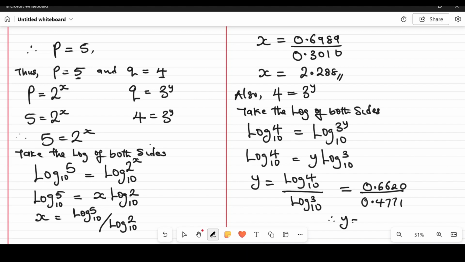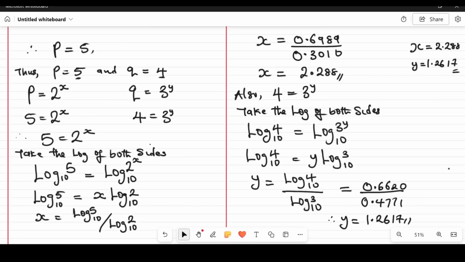Therefore, y is equal to 1.2617. That is the answer. Hence, we can write that x is equal to 2.288 and y is equal to 1.2617.